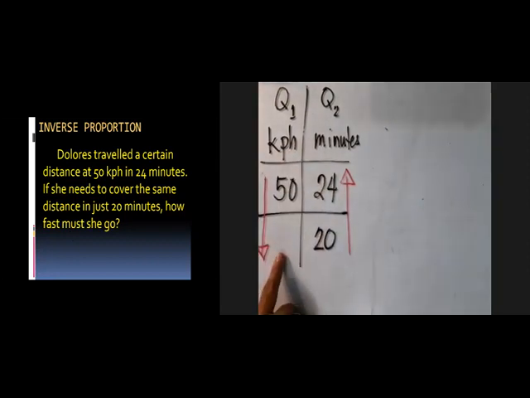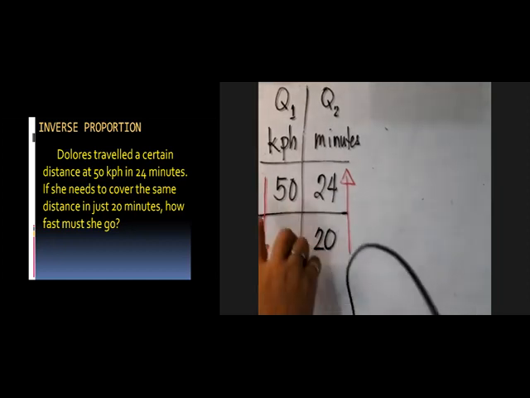How fast must she go? So how fast, the word fast would suggest na speed yan. Okay? So we have our unit for speed, which is kilometers per hour. So second row natin, kapares ng 20 will be letter, what do you like? K na lang. Okay? As in kph. Or kung ayaw nyo ng K, then let's have another letter for that. Let's have S. Okay? For speed. Okay? So it's 50 is to 24 and S is to 20.